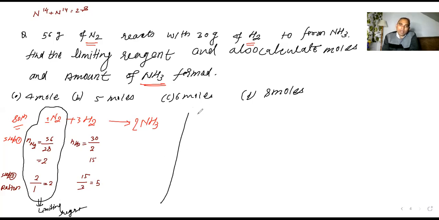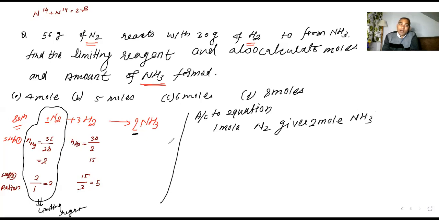Okay, so according to the equation, 1 mole of N2 gives how many moles of NH3? 2 moles of NH3.